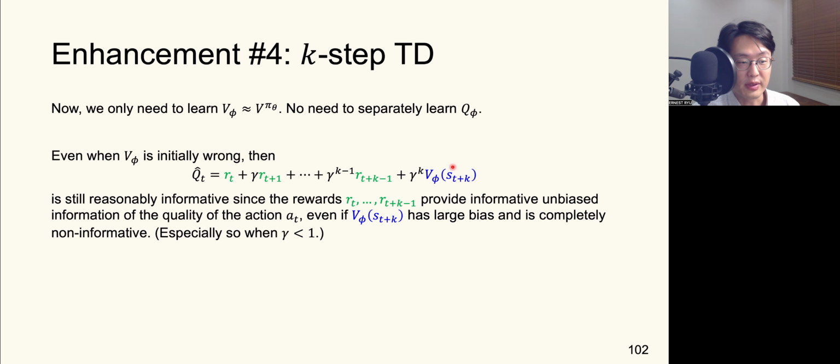Even if this evaluation of the V network has large bias and is initially non-informative, because at the very start of training V phi is just a randomly initialized neural network, V phi of S T plus K will be completely uninformative as to how good the state is. But that's fine because we still get information through these initial rewards, and whatever incorrect information V phi provides is dampened by the factor gamma to the power K.